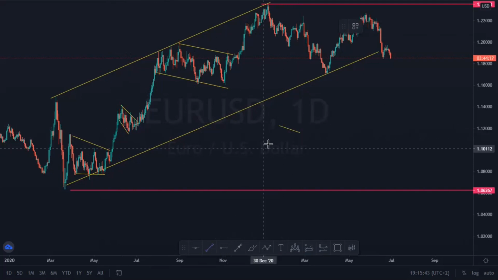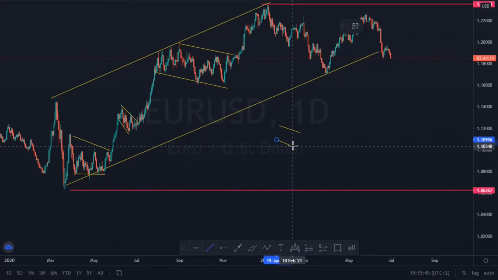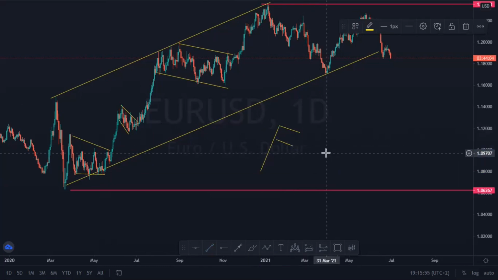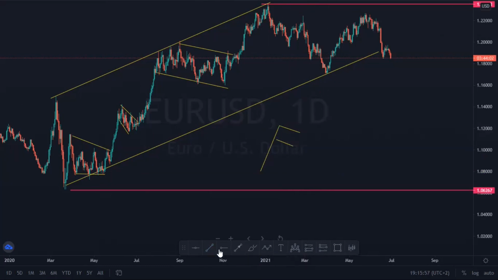Just making an example now. The market created something like this, the flag. So because it created something like this, definitely the next move will be going up.